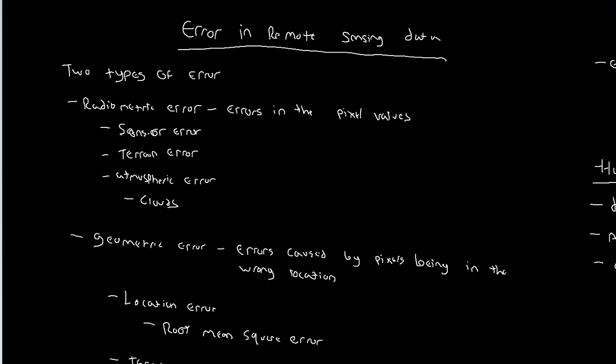In this lecture video, I want to continue our discussion on errors with remote sensing data. In the previous module, we wrapped up talking about sensor error, and we basically said that sensor errors are errors caused by malfunctions in the sensor.